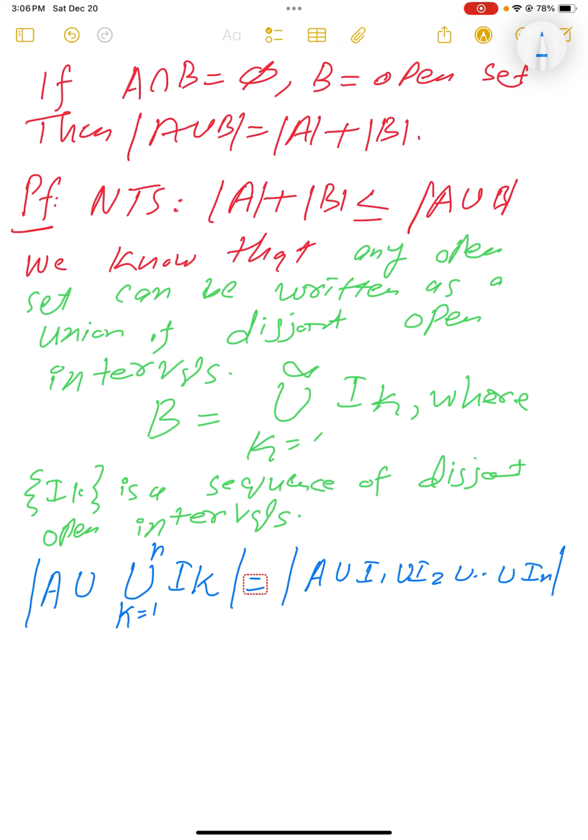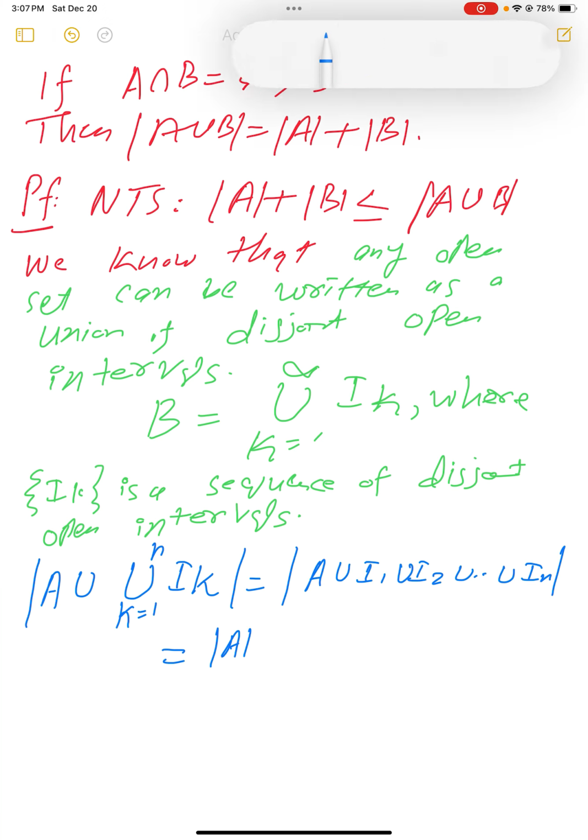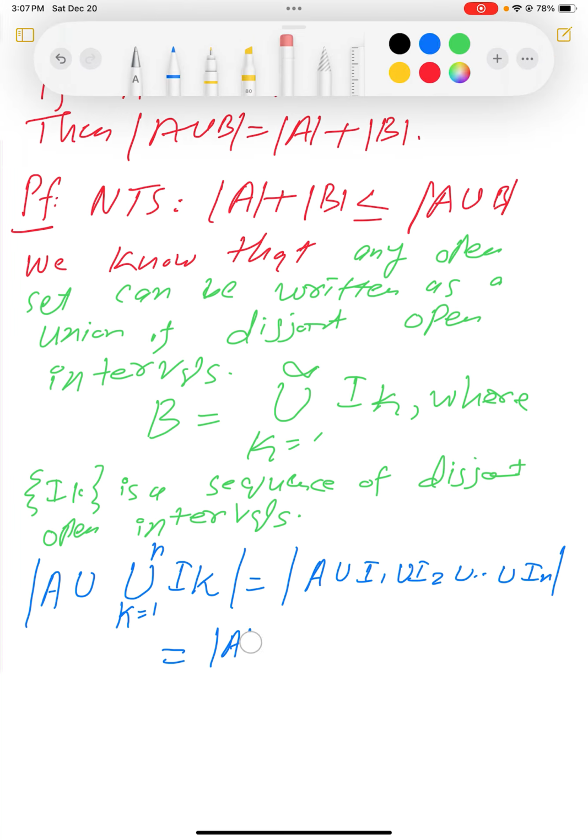Now since each of I_1, I_2, up to I_n is an open interval, and in our last result we saw that if we have an open interval, then the measure of A union B is the measure of A plus the measure of B, this will be the measure of A union I_1 union I_2 union up to I_{n-1} plus the length of I_n.